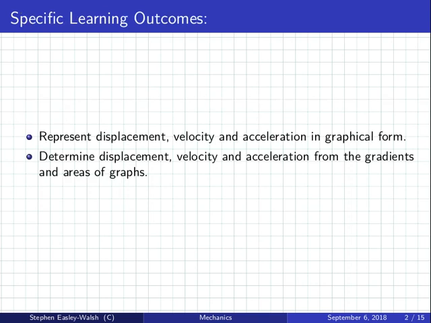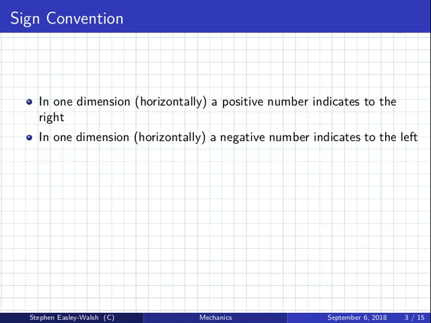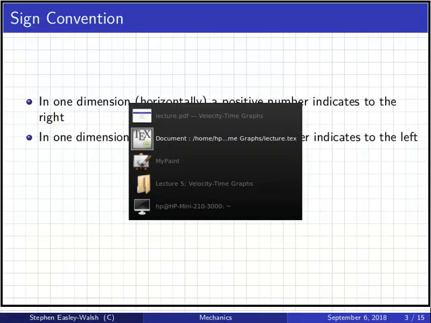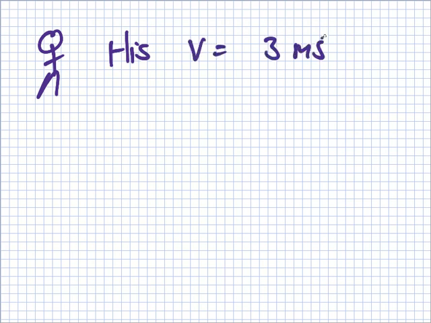So, before we start, something called a sign convention. In one dimension, positive means right and negative means left. If I say his velocity equals 3 meters per second, you might say that's not velocity, that's a speed, because there's no direction.